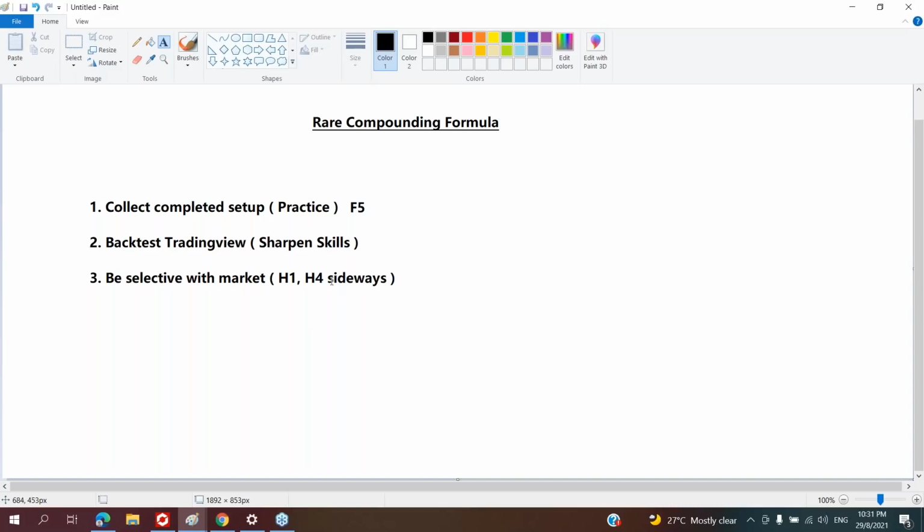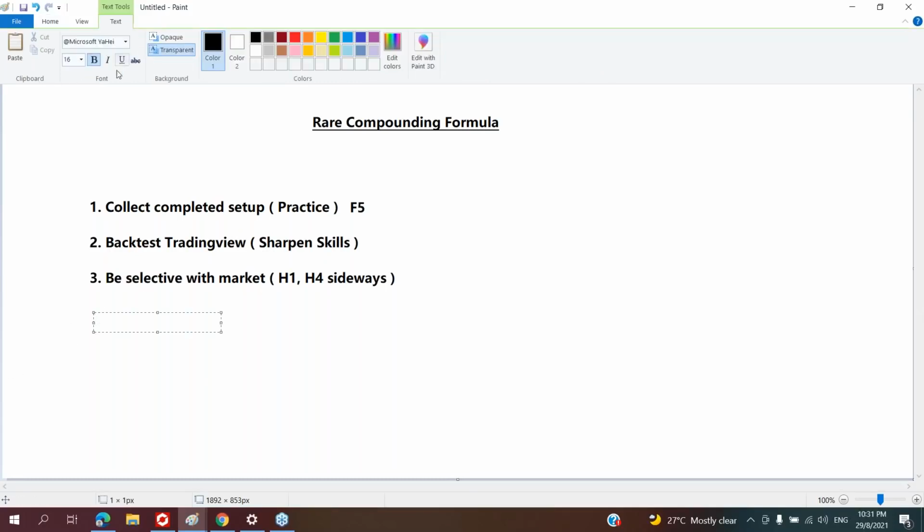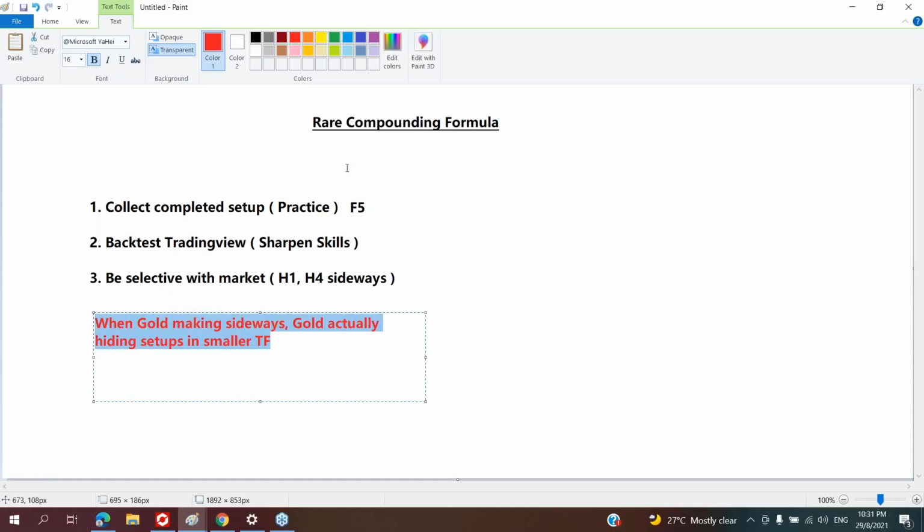I meant gold, because when gold is making sideways in H1, H4, gold is actually hiding setups in smaller time frames, such as M5, maybe M1.